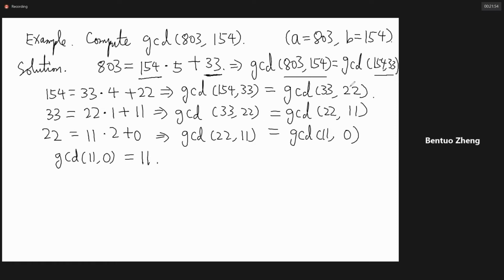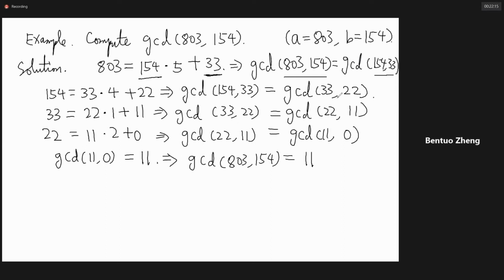So from this procedure, the greatest common divisor of 803 and 154 is equal to 11. You can see the Euclidean algorithm just uses the lemma repeatedly.